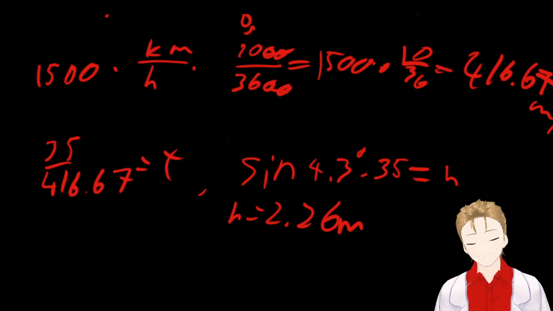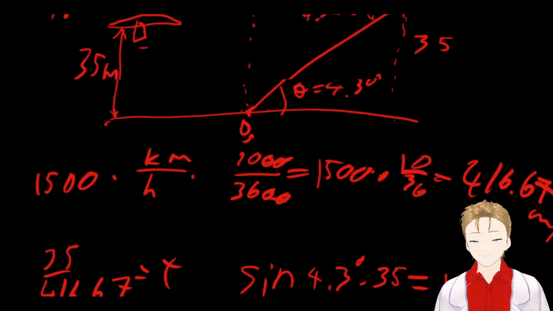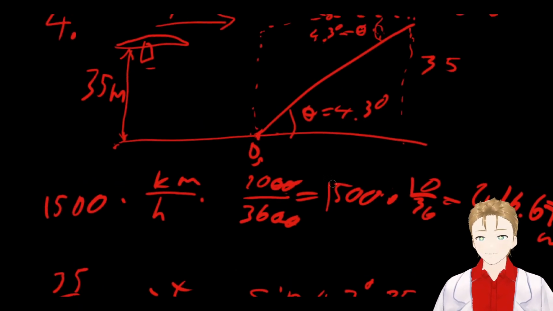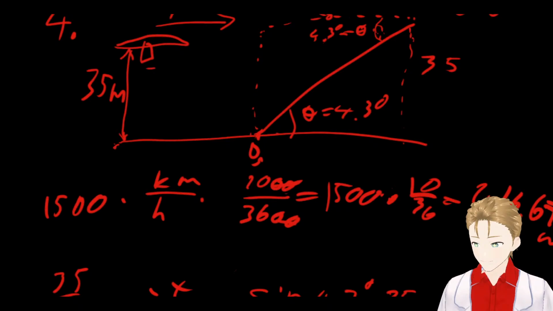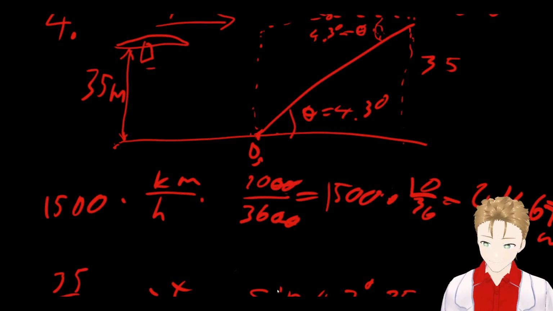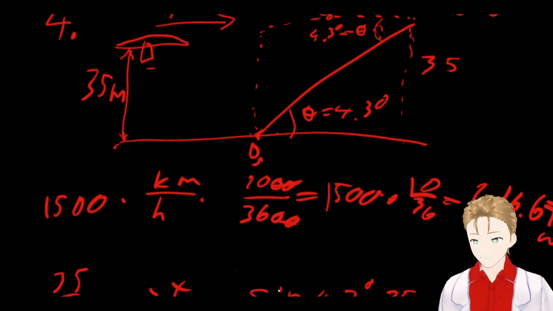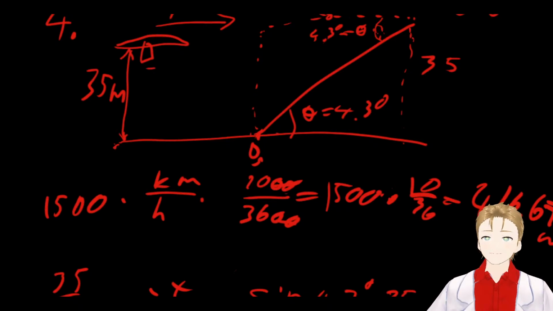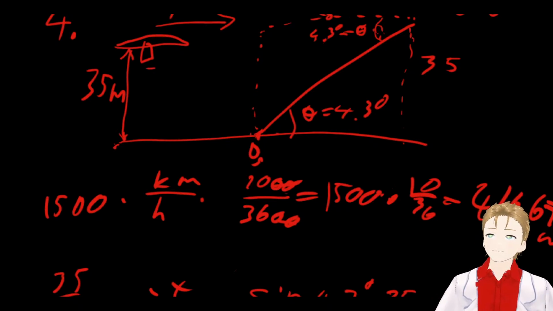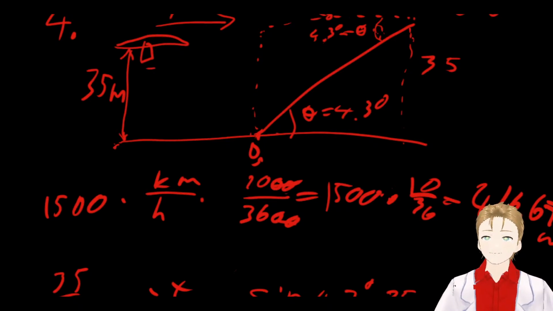Wait, don't we just need to worry about the X direction? Very good. When we use the tangent, let's just get the opposite over adjacent. Actually, that's confusing. Okay, 2.26. Wait, what? Wait a minute.